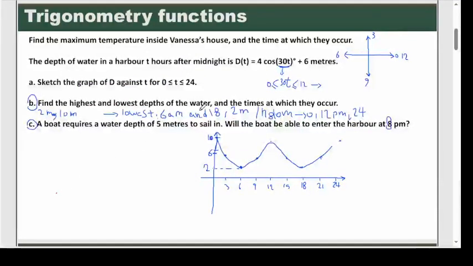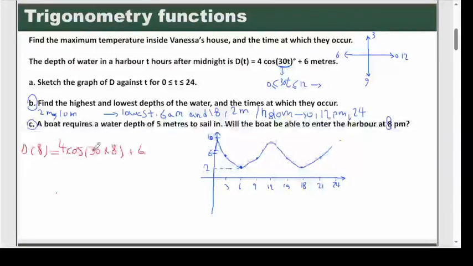I put 8 in my function, so d(8) equals 4 cosine of 30 times 8, plus 6.